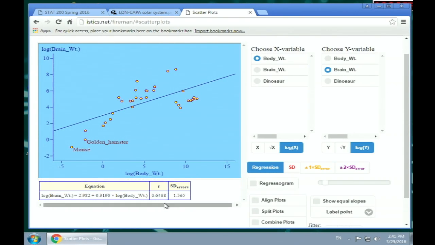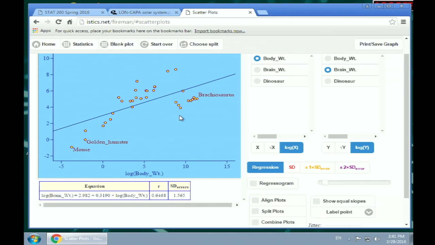And look at our R correlation coefficient. Now we have this strong correlation of 0.65, from approximately negative 0.1 all the way to now a strong positive. So these are the dinosaurs. We've taken the log of both, log base e. These are your dinosaurs down here.